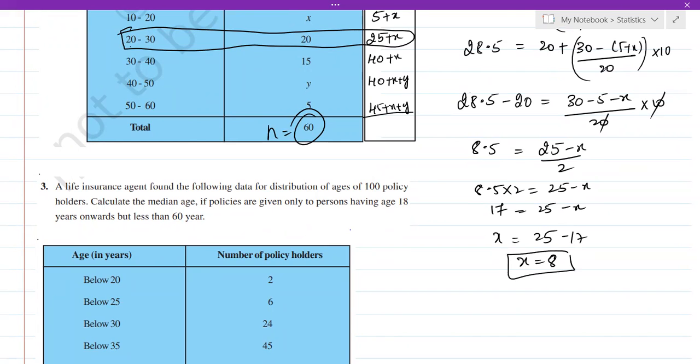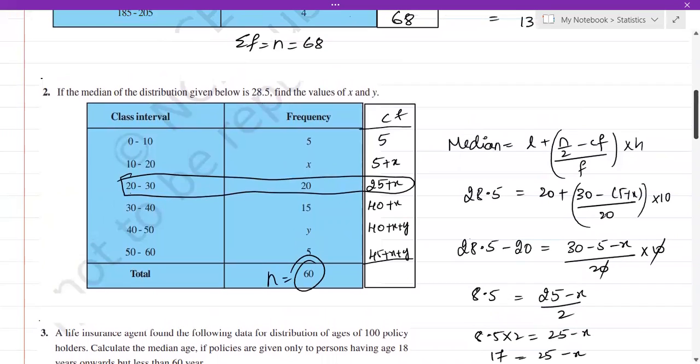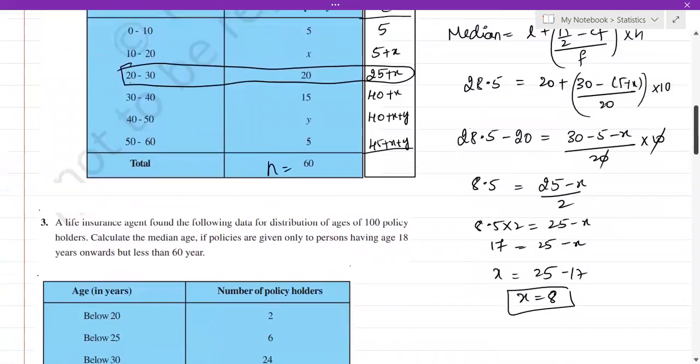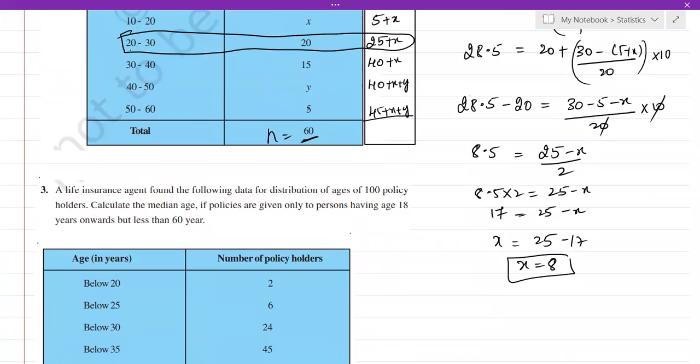Remember, we should also find the value of y. How do we find the value of y? If you add all these, you are getting 60. And adding all these will also give you the last value, that is 45 plus x plus y. Remember, as I told you, the value of n and this last value will be the same. So n is actually equal to 45 plus x plus y, but we know that n is 60.